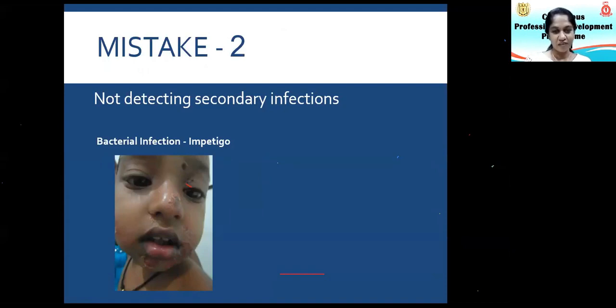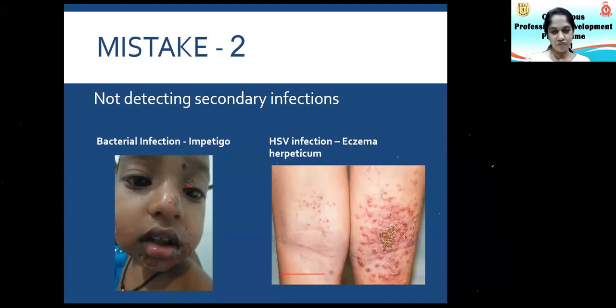And then the other one is the viral infection, eczema herpeticum. This is something that can be missed because it is not that common, and unless you are aware of it, it can be missed. This is an HSV infection appearing in a widespread manner in patients with pre-existing skin conditions.